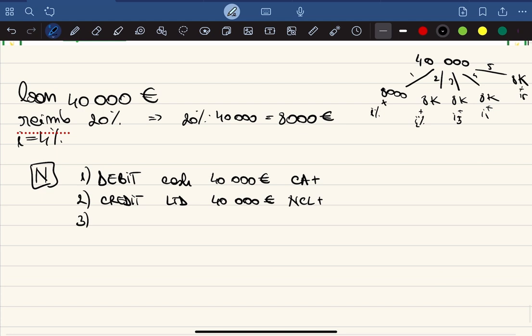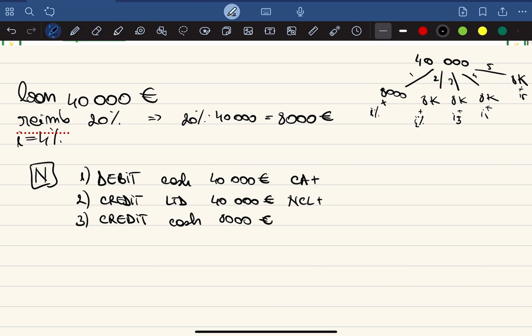So in year end, this first year, you pay back the first reimbursement, so the first 20% out of 40,000. Because you pay the 20%, you credit cash, 8,000 euros. Current assets go down because you pay out of your cash, so obviously your current asset account goes down.